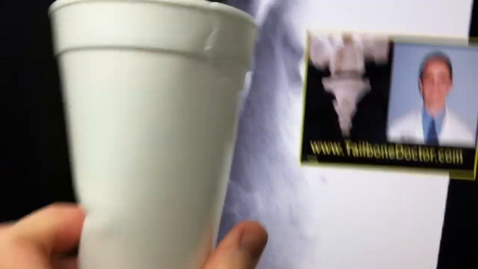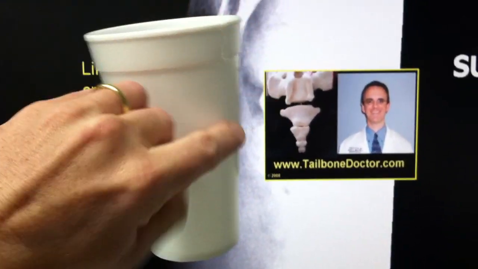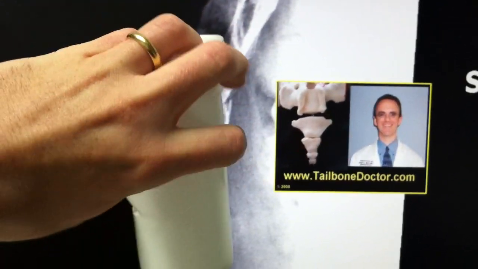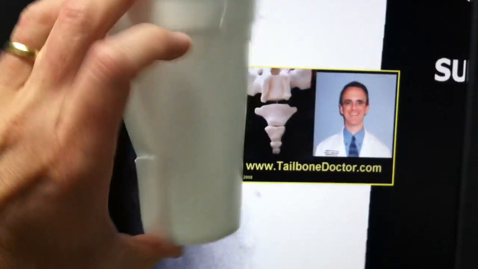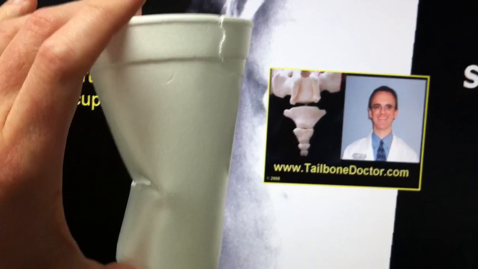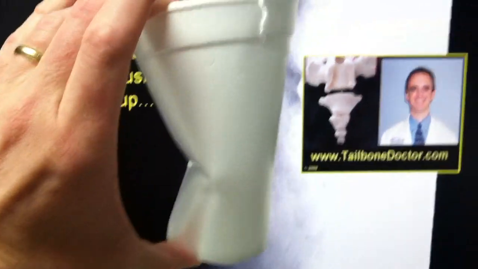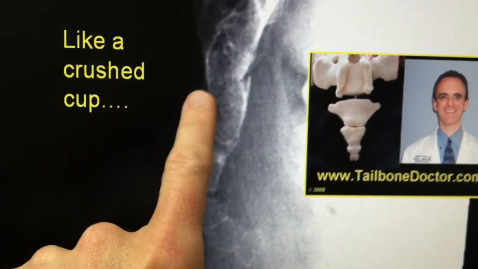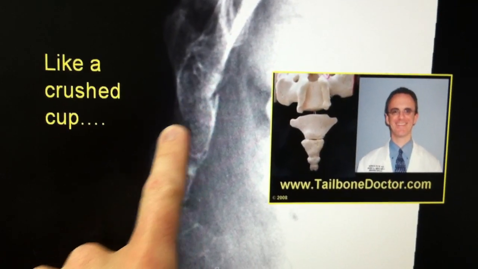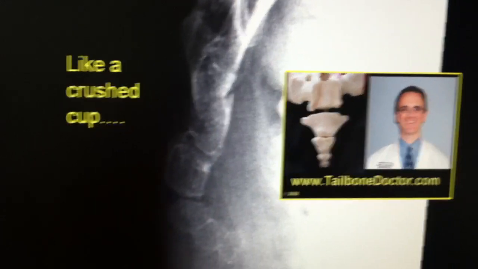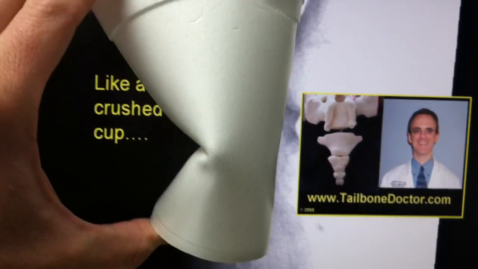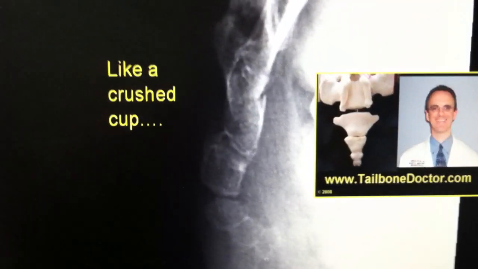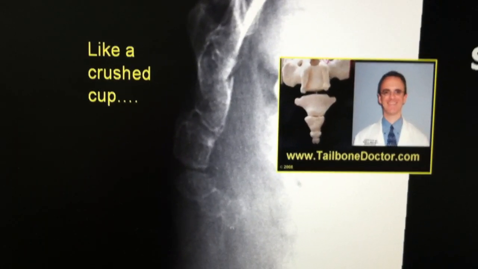It would be crushed in like that, if I can do this with one hand while holding the camera with the other. And then the segment in the upper right corner would be crushed in a bit as well. So again, you can see how that plays out on this particular spot right here. That first bony segment, just crushed, which can happen as a result of trauma, falling on the tailbone, etc.